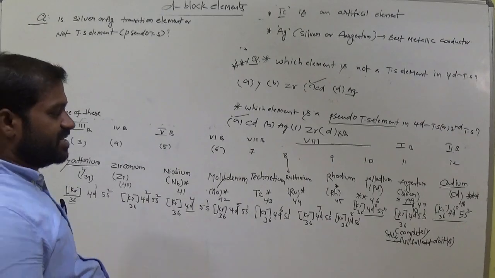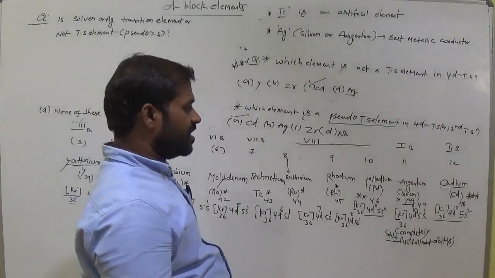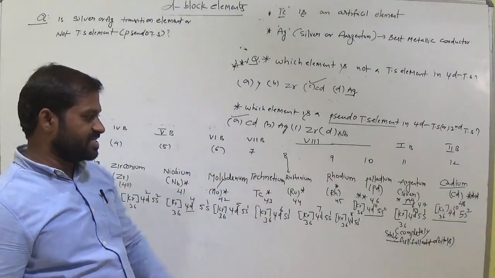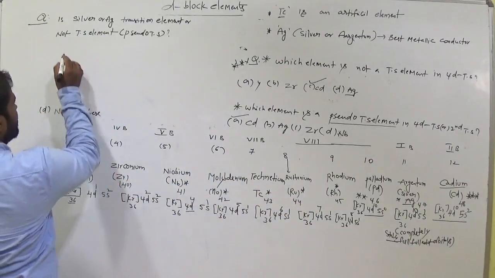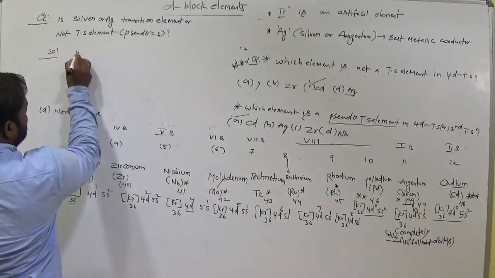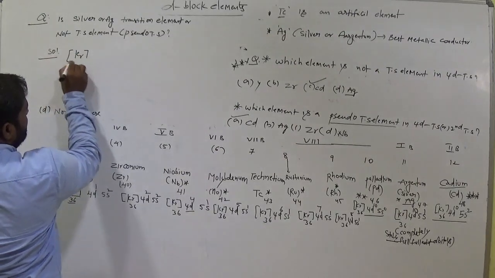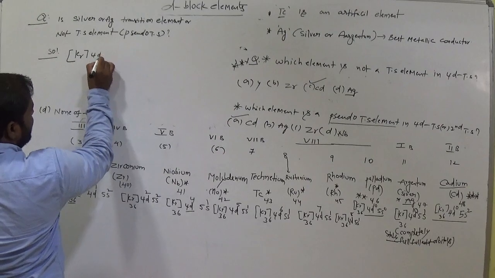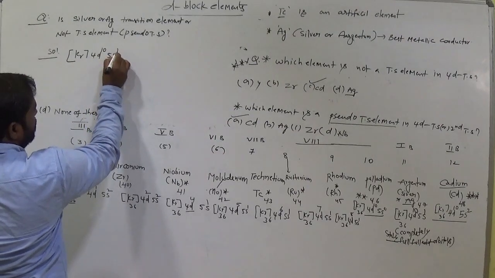Where is silver present? In the first B or 11th group. Let's see the solution for this one. What is the electronic configuration? Krypton 4d10 5s1, am I right?